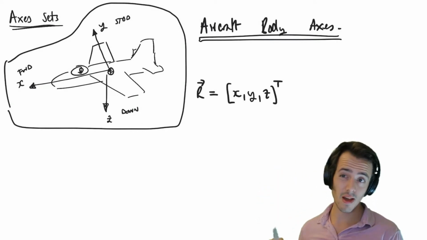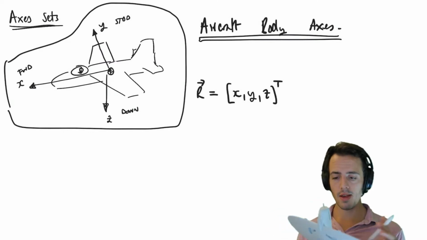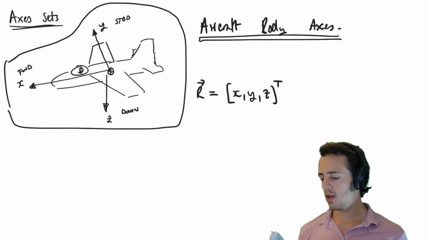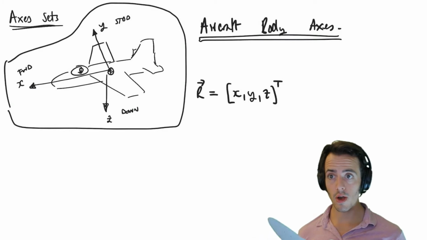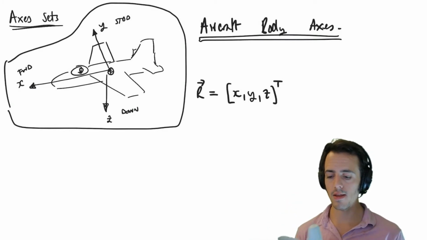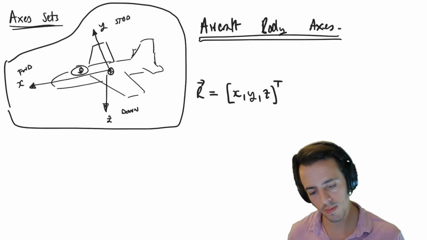Okay, and the reason for this is because it helps us. So we measure velocities in aircraft body axes. So if we have a pitot-static probe here, that's where we measure things. We measure angular rates using rate gyroscopes on the aircraft as well. So everything's measured in aircraft body axes by virtue of the fact that that's the thing that we stick transducers to.